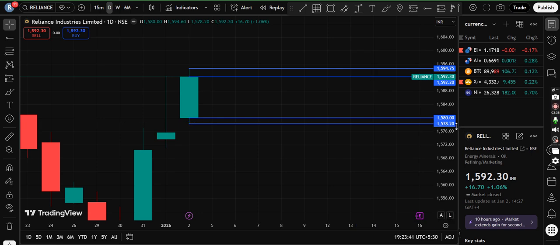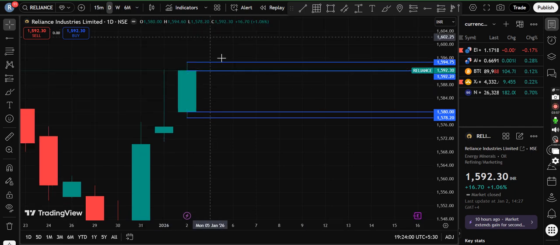It gave a low of 1578.2, that was the lowest the price hit on that particular day. The share ran upwards and gave a high of 1594.75. But at the time of closing, it went a little down and gave a close of 1592.20. This is a buy momentum shown in an upward candle, which is green.